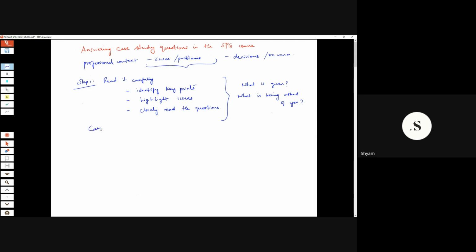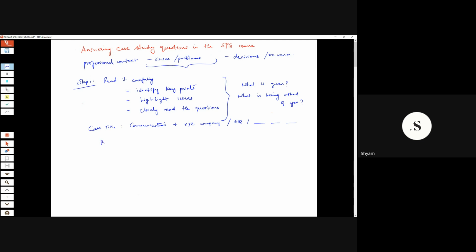A case study will have a title. The title may be the topic itself, say, communication at XYZ company, or it can be related to the emotional intelligence aspect, or any other such sort.